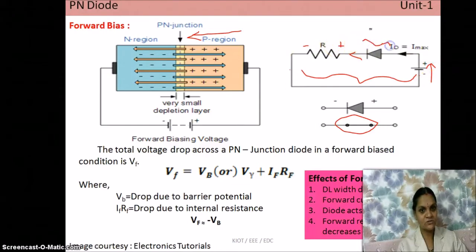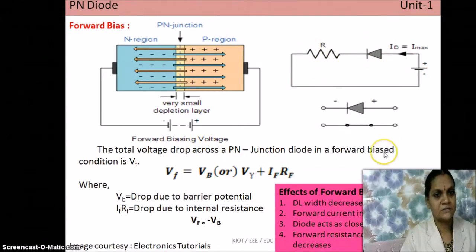Across the diode also some potential exists, that is called the barrier potential VB. Sum of rises is equal to sum of drops. So Vf is equal to Vb plus If Rf. The total forward voltage across the diode is Vf equals Vb plus IfRf. Vb is the barrier potential, as I told you, and IfRf is the voltage drop across the resistance R.